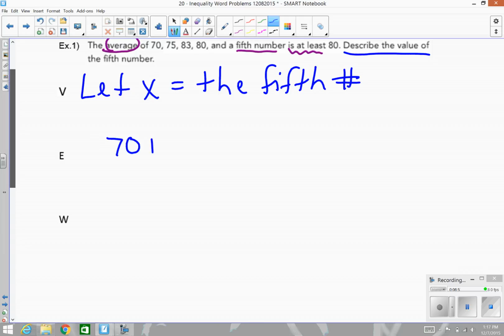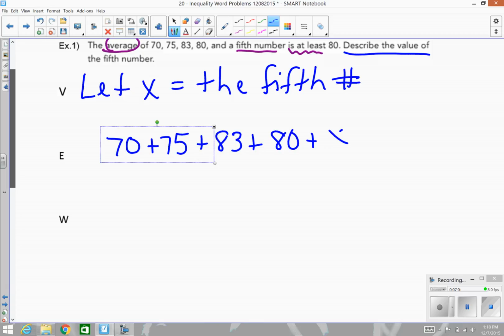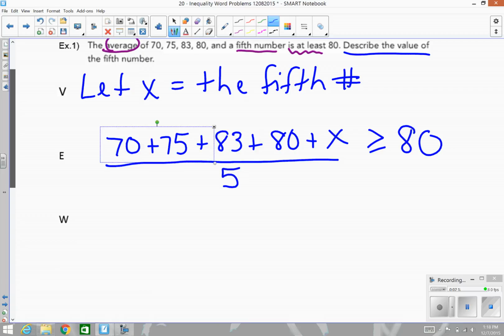So 70 plus 75 plus 83 plus 80 plus x. And then we divide by the number of numbers, so we're going to divide by 5 values. We want all of that to be greater than or equal to 80.